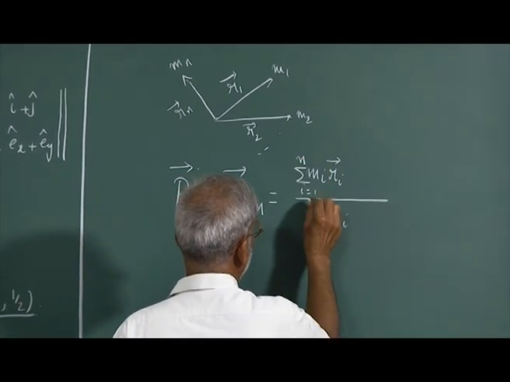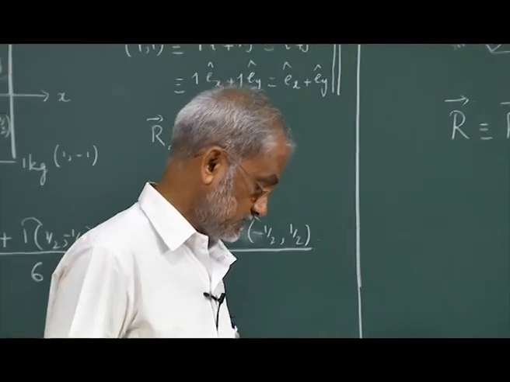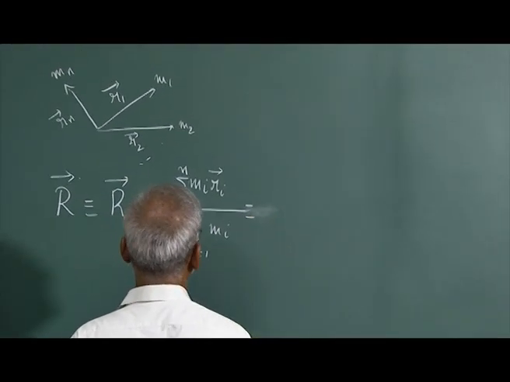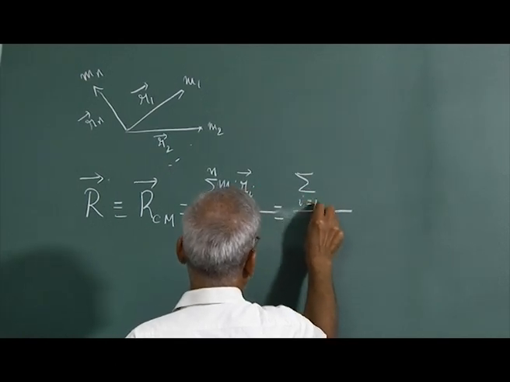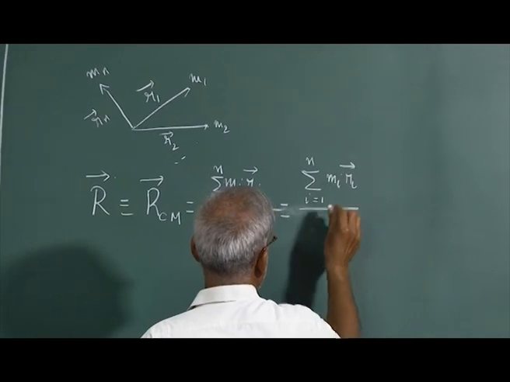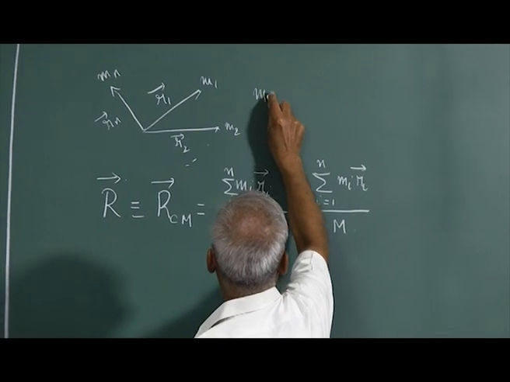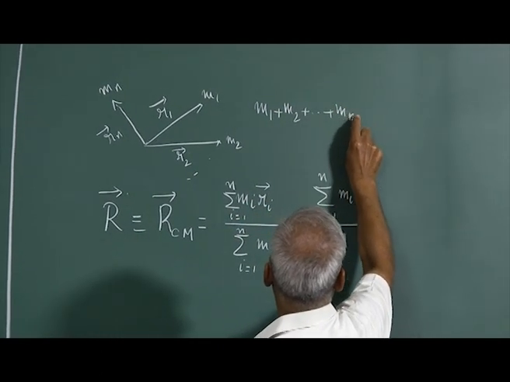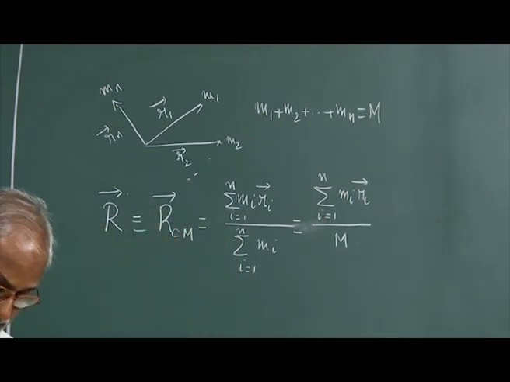Here we have little n number of particles. So, this is the same as, if total mass is M, summation i running from 1 to little n, m_i r_i divided by capital M, where I can say that m1 plus m2 plus up to mn is capital M, the total mass of the system of particles.